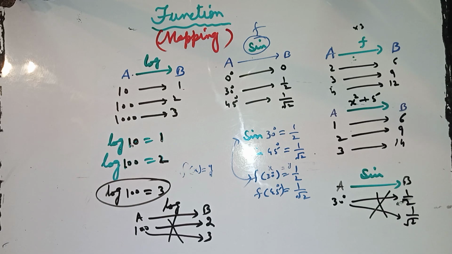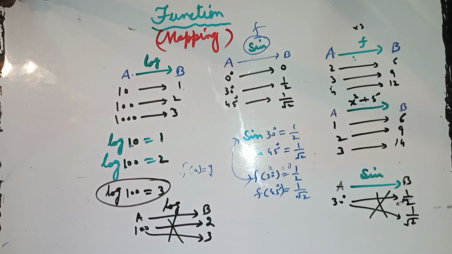So what did we conclude here? We concluded that no two or more than two ranges are possible for one domain. There is a unique range for every domain. What does it mean? One domain can't have more than one range.